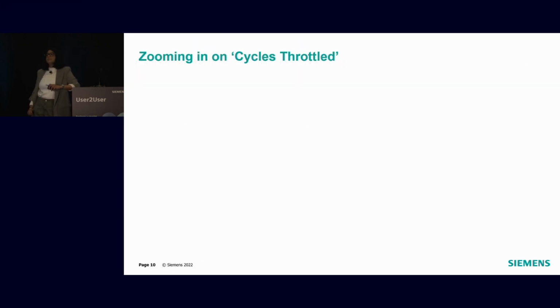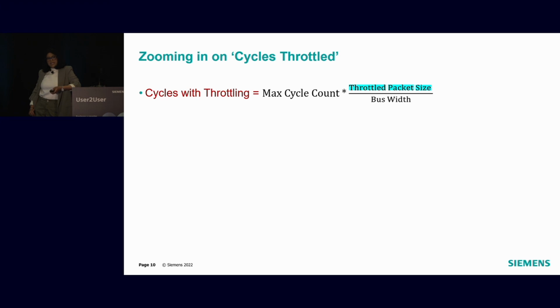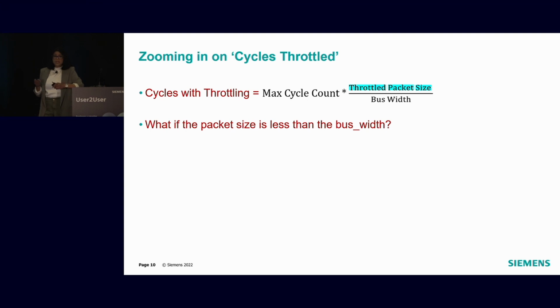Now zooming in a little bit more on the cycles throttled formula, which we ended the last slide at, right? So cycles with throttling, I already said, is max cycle count times throttled packet size, which is your new packet size, 82, by bus width, right? But what if the packet size is less than bus width? People would say, oh, if I make this multiplier, throttled packet size by bus width, less than 1, boom, my test time is going to keep decreasing infinitely, right?